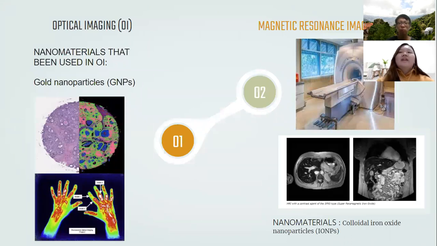There are two examples of imaging and diagnosis in medicine using nanomaterials. The first one is optical imaging, and the materials involved in OI are gold nanoparticles. For magnetic resonance imaging, the nanomaterials involved are colloidal iron oxide nanoparticles. Next.